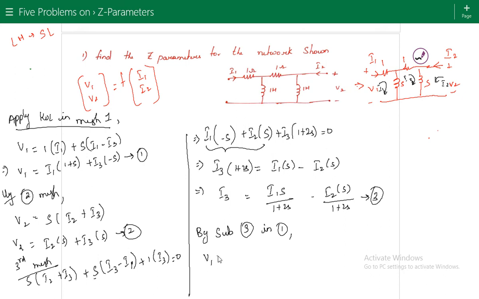So V1 equal to I1 into S plus 1 plus minus S into, in place of I3 what I am writing, I1 S by 1 plus 2S minus I2 into S by 1 plus 2S, right.